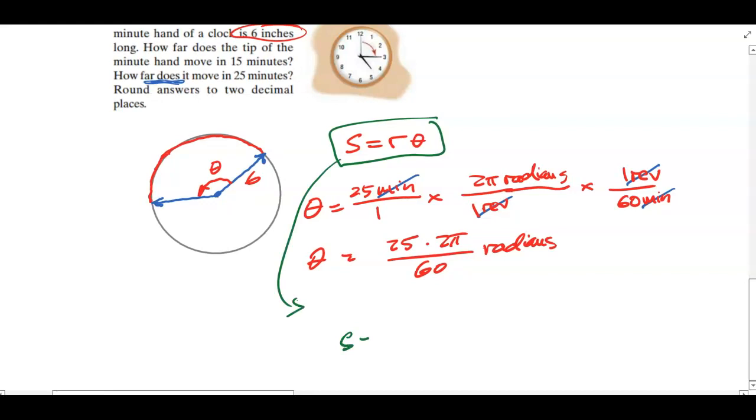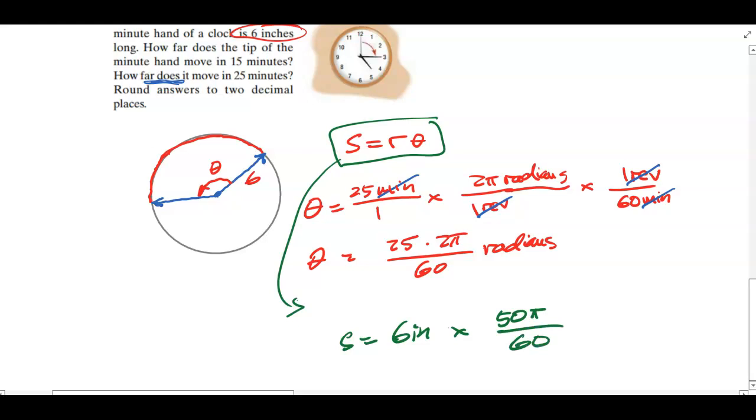So then S is R, 6 inches, times 50 pi over 60. Okay, and that's inches.